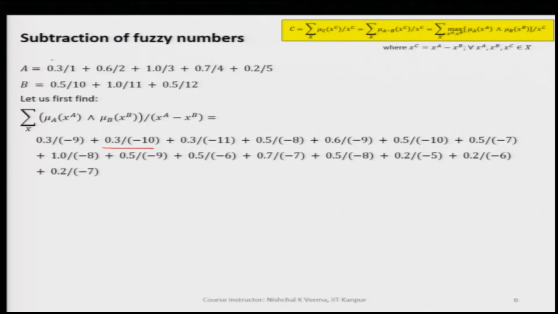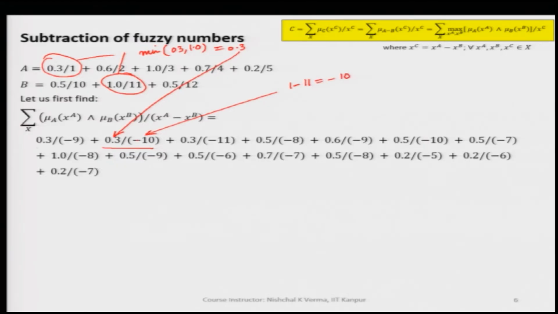When we have these two pairs, we clearly see that the min of 0.3 and 1 is 0.3. So, that is how this 0.3 is coming, and then this is the outcome of the generic variable valued subtraction. So, 1 minus 11 is going to give us minus 10, which is here.